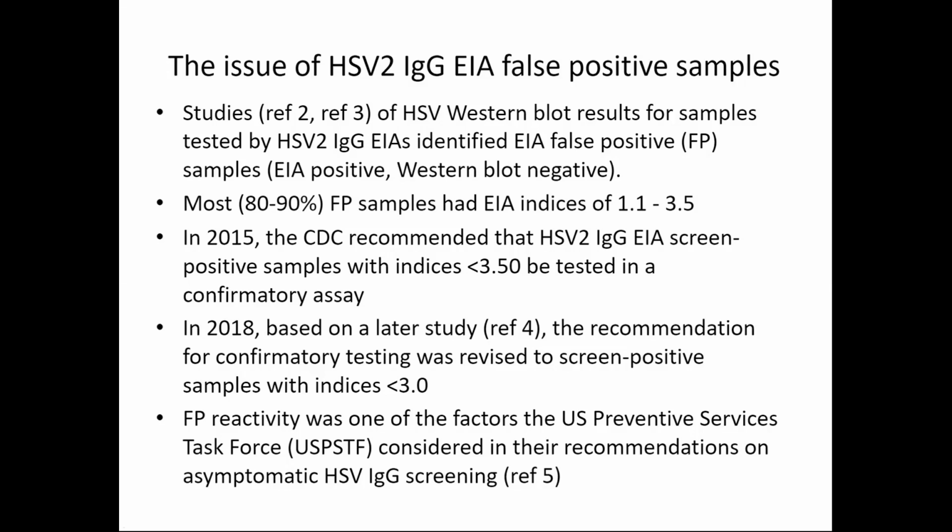Based on this information, in 2015, the CDC recommended that HSV-2 IgG EIA screen positive samples with indexes less than 3.5 be tested in some sort of confirmatory assay. In 2018, based on a later study, this recommendation was revised to samples with an index of less than 3.0, and false positive reactivity was indeed one of the factors that the U.S. Preventive Services Task Force considered in their recommendations on asymptomatic HSV IgG screening. You can see more about that in reference 5.